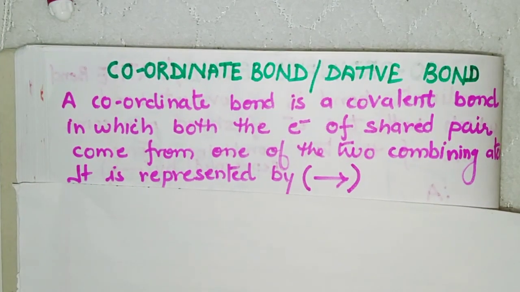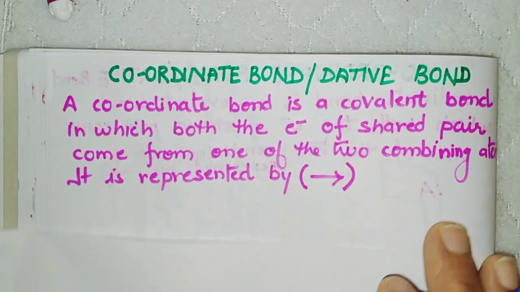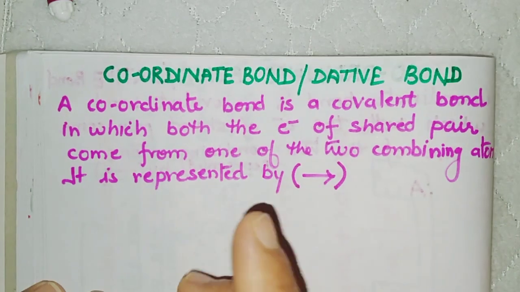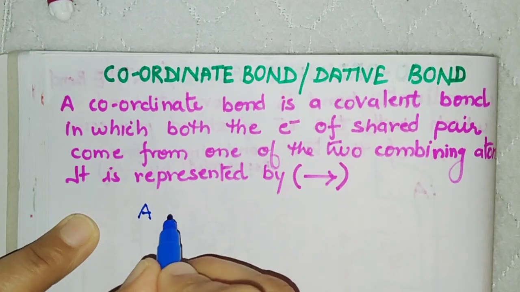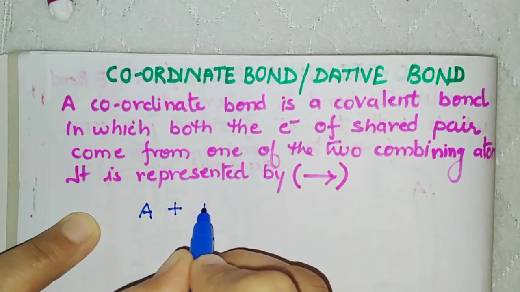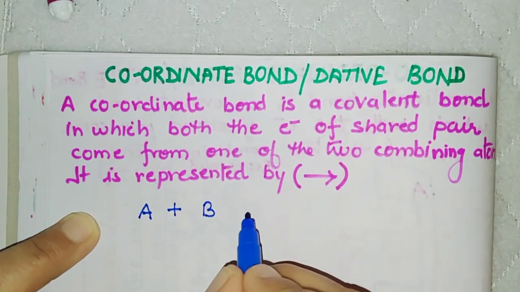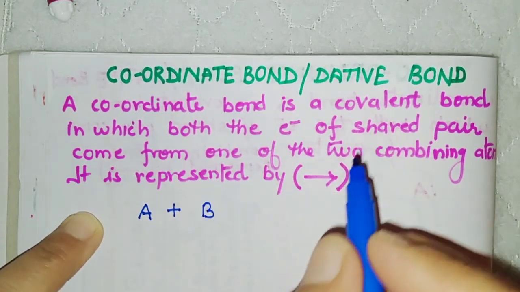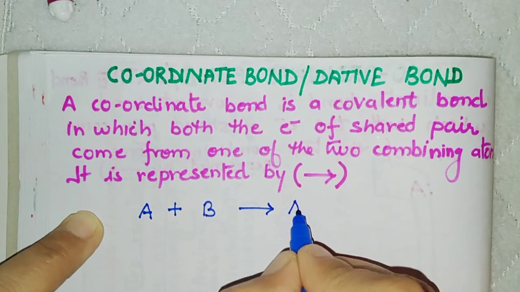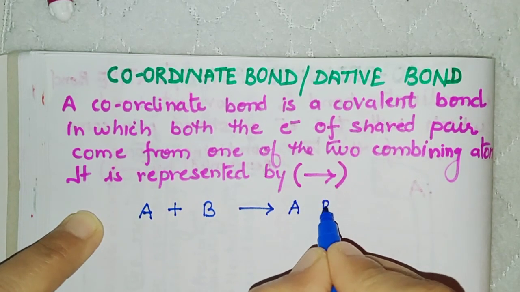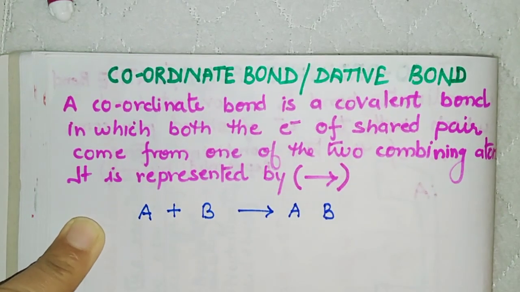Now see here, I am explaining it here. Suppose we have taken here A and B. I am explaining how this coordinate bond is formed, and this will give you a molecule or a compound AB. Now how is this formed?